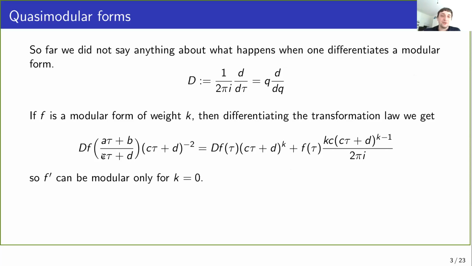When you apply D to f of gamma tau, you pick up this automorphy factor. But on the right-hand side, where you already have this automorphy factor, you have to differentiate it as well, and then you pick up this term. It spoils the modularity in all cases except when the weight is 0. This case makes perfect sense, because if you differentiate a modular function, you get a modular form of weight 2.